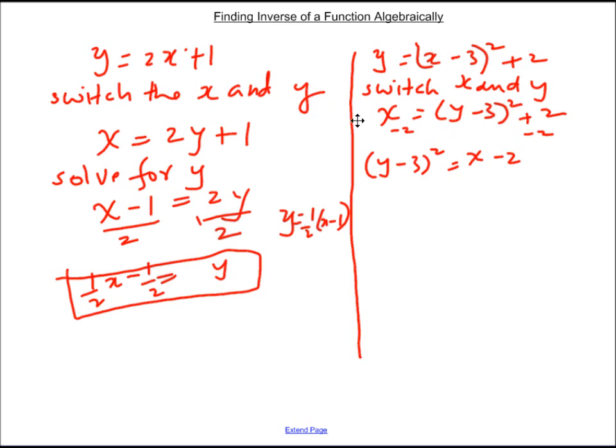So now we have a square on top of this y minus 3. In order to really get y by itself, we have to first figure out how to get rid of this 2. The best way is to apply the square root on both sides.